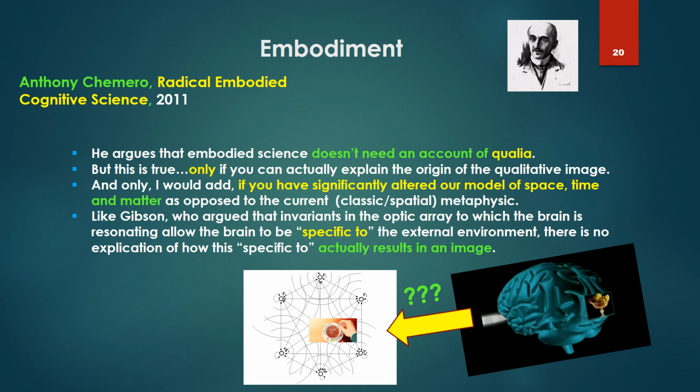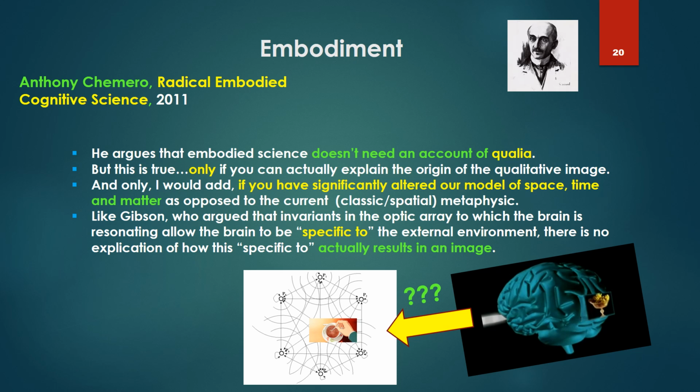As I've shown, in the classic metaphysic, all quality has been stripped. We're talking a field of points, a continuum of points, mathematical points, that is stripped of all quality. You have to have a different metaphysic.